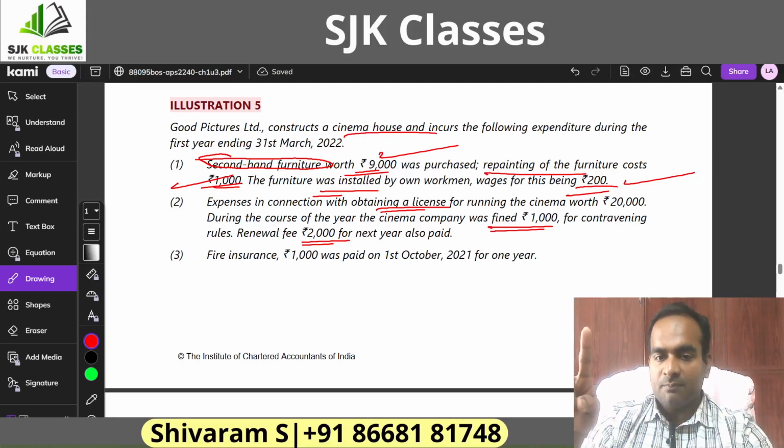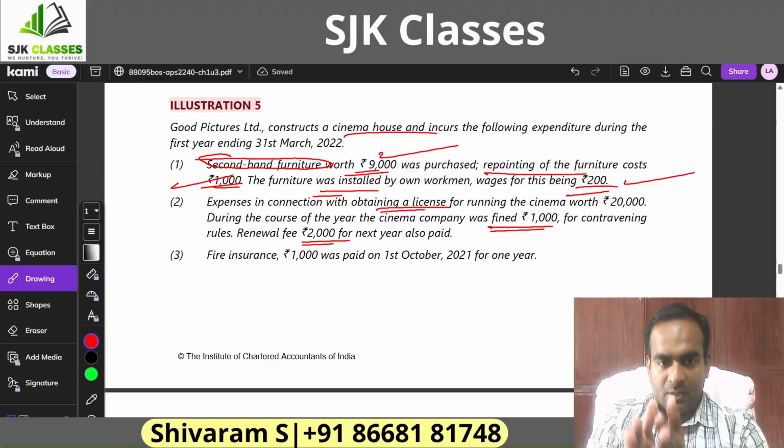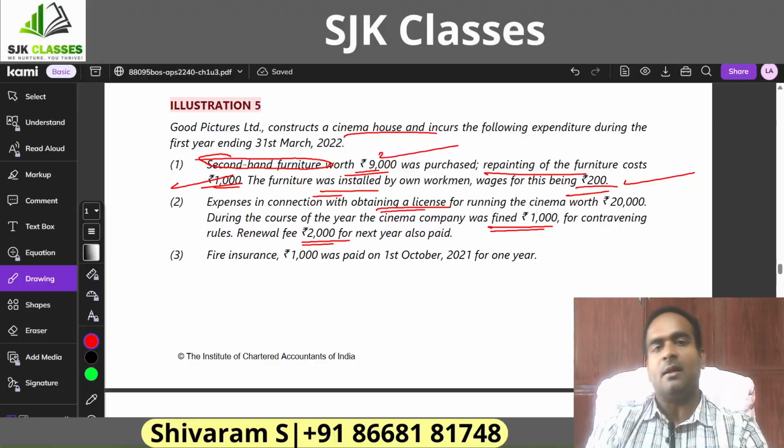Even though this renewal fee is paid yearly and is a recurring transaction, this 2,000 pertains to next year. So is it revenue or capital? It is a revenue expenditure only. But right now in this financial year, I'll show it in the balance sheet. In the next year, I'll charge it to P&L.